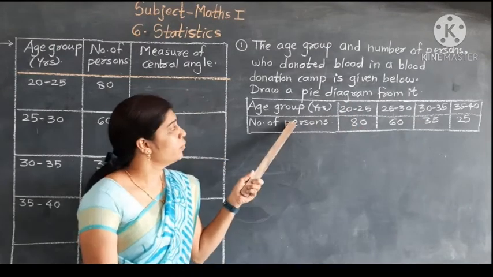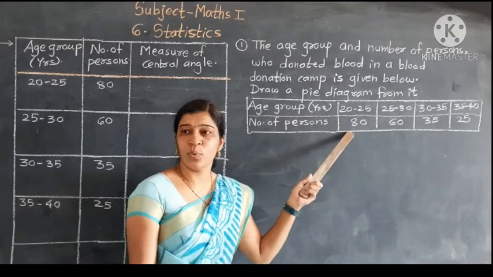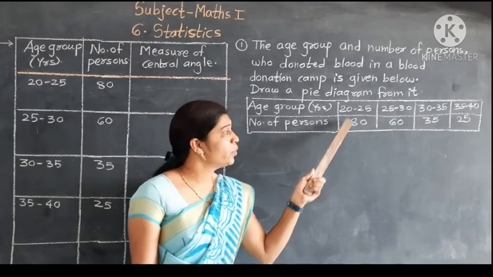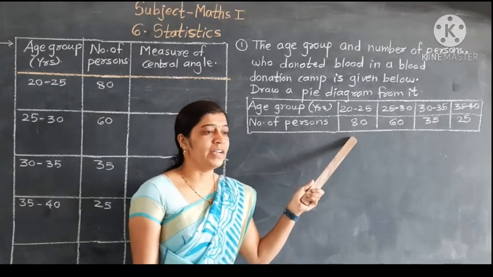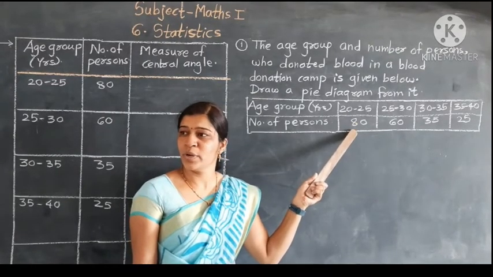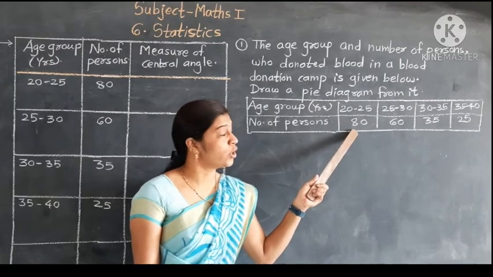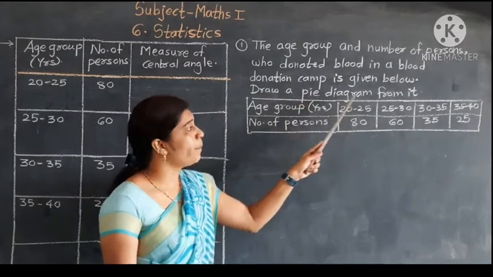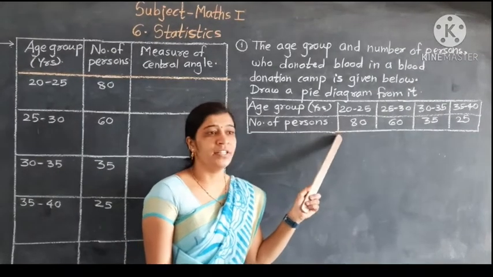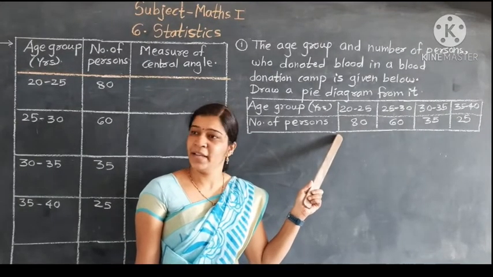We already did this work in mean, median, mode also. We can do this for finding mean or median, mode, or in the histogram also we had seen how to draw this histogram. Now we will see how to draw pie diagram from the given information. We can represent this information using pie diagram also.